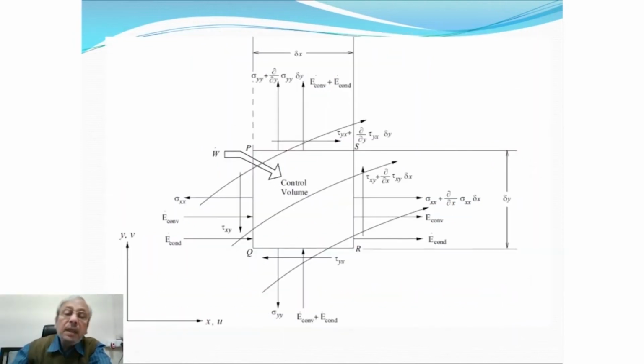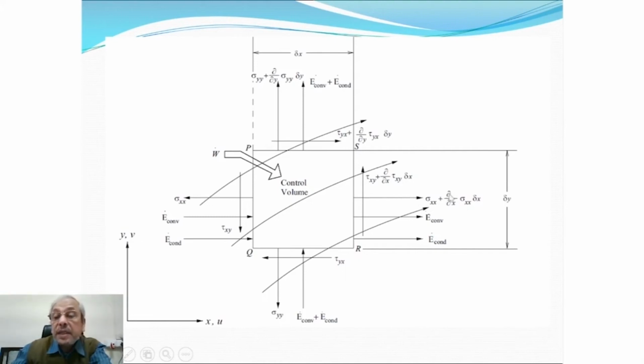Now we will again look at the control volume and look at the normal forces and the shear forces on each surface. Here is sigma x, tau xy, sigma y, sigma xx, tau xy, sigma yy, tau yx.